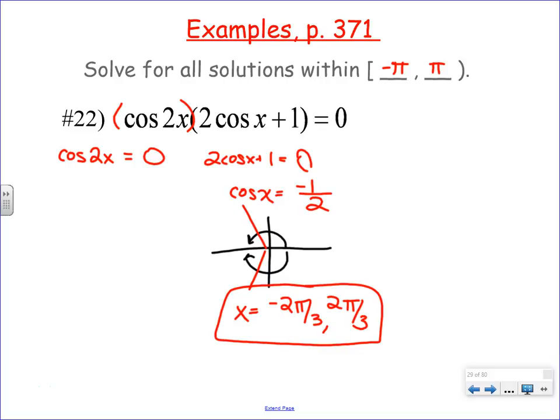What's the answer for the left one? How do we think about 2x? Well, what if we cosine inversed it and then divide by 2? Since we're not exactly sure what to do, we better just stick with the math, and then we might have to use our unit circle to go further. Cosine inverse says, let's go figure out what's going on with that 0 in the unit circle.